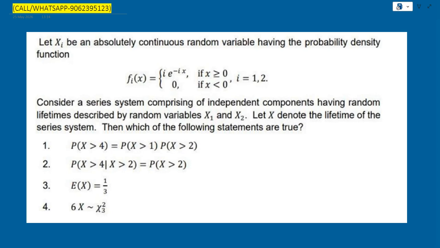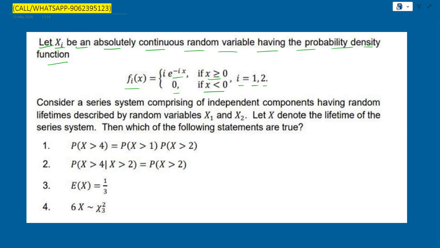So the question is, let Xi be an absolutely continuous random variable having the probability density function f_i(x) equal to i times e to the power minus i x if x is greater than or equal to 0, and 0 if x is less than 0, and i equal to 1 or 2.